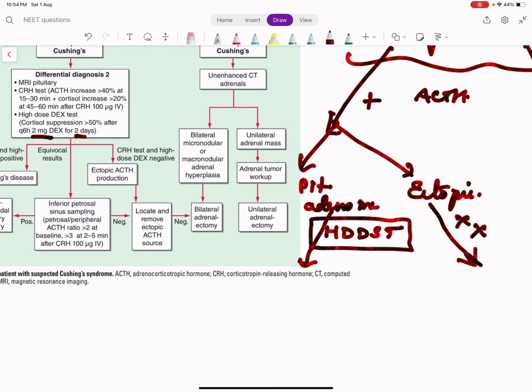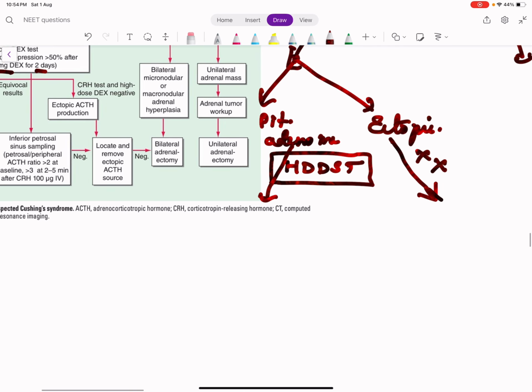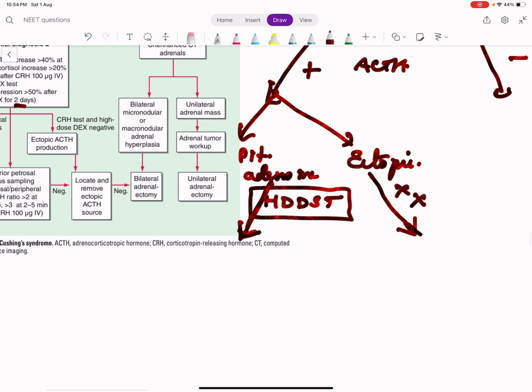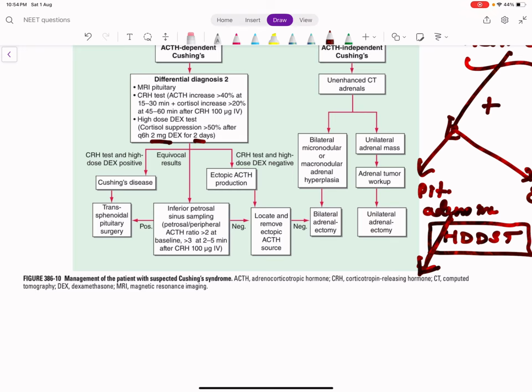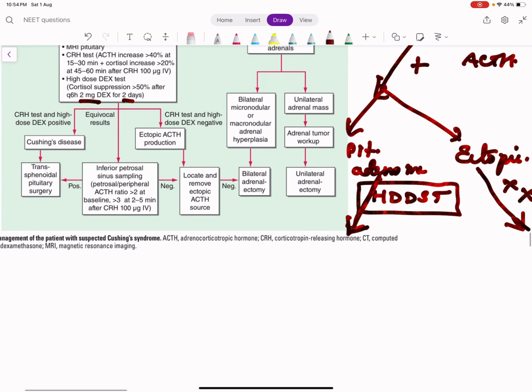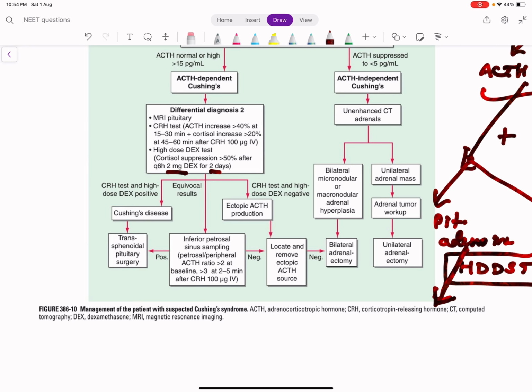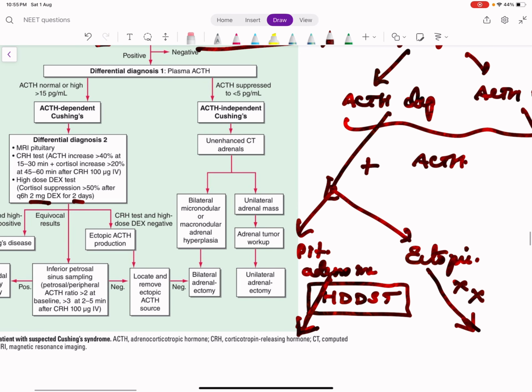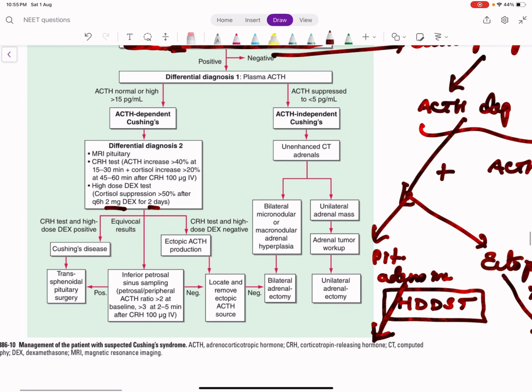That is the most important thing. So if high dose dexamethasone suppresses cortisol levels, then we have to evaluate the pituitary, with special tests like pituitary transsphenoidal assessment. If it is ectopic, then we have to look for tumors elsewhere. If it is ACTH independent Cushing's, we have to look at the adrenals. That is the gist of this table.